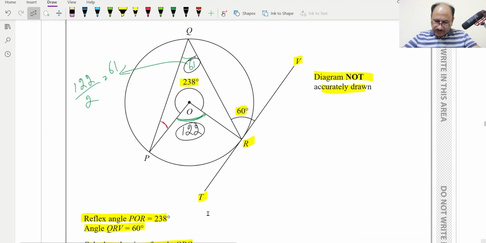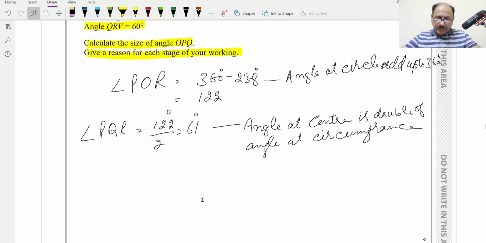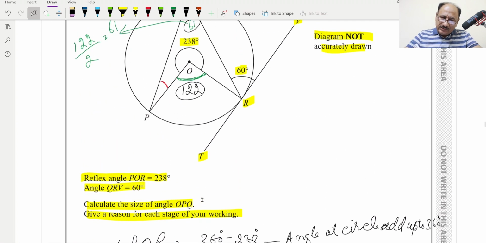Now next we can write over here this angle, this one is 30 degrees. Why is this 30 degrees? Because this is 90 degrees, as tangent and radius make 90 degrees, so 60 is this one, so the remaining angle will be 30 over here.